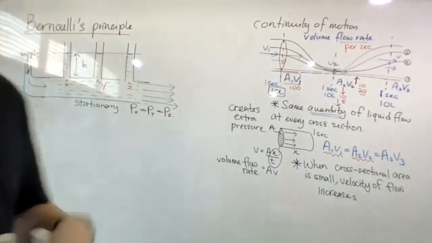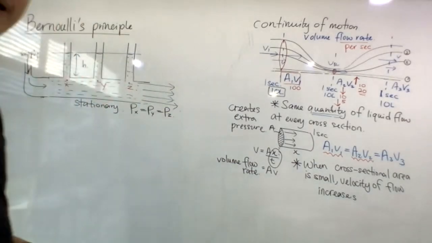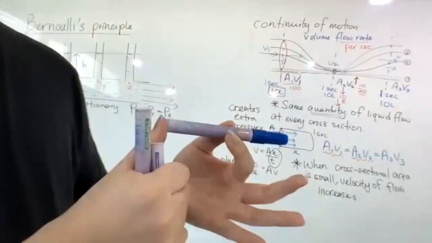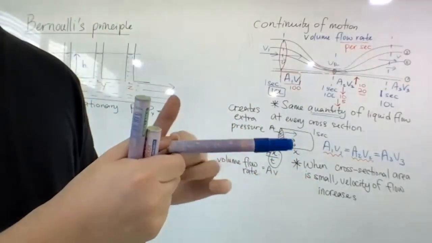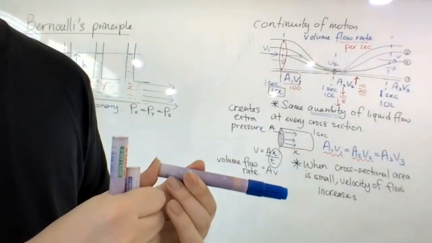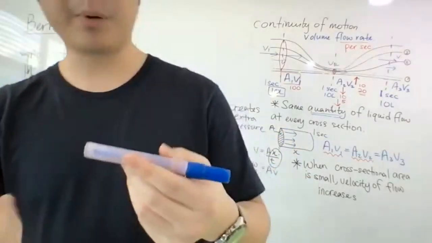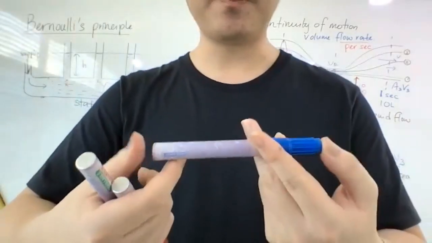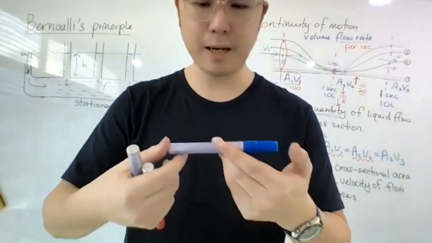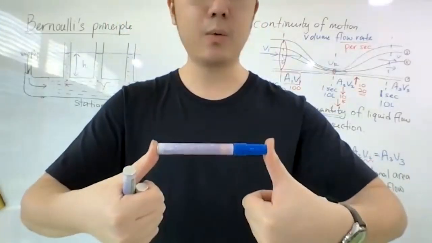When there's water flow, let's analyze the pressure. Remember at the start of the lesson, I mentioned that I apply pressure here, so the water will flow from high pressure to low pressure region. If I put two pumps at both sides like this, can the water flow?